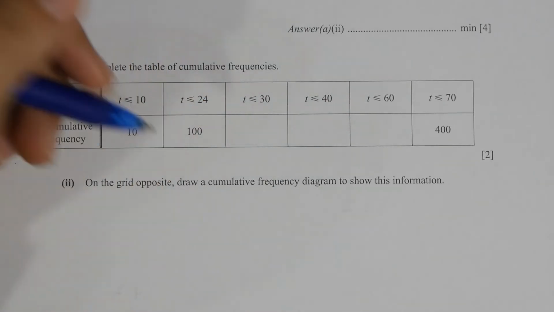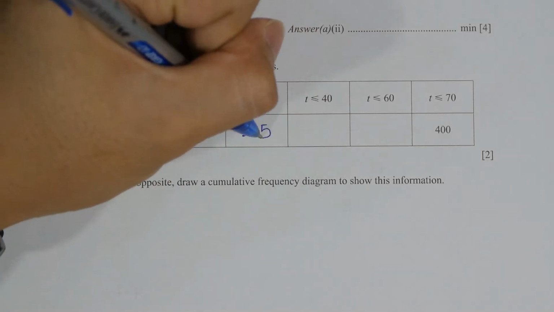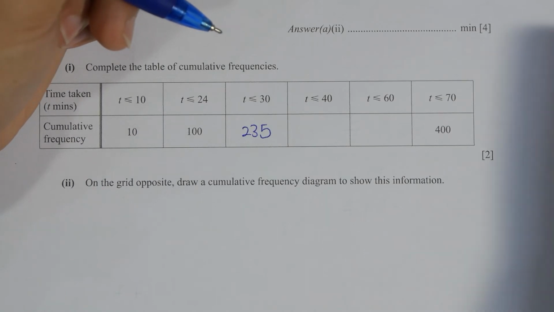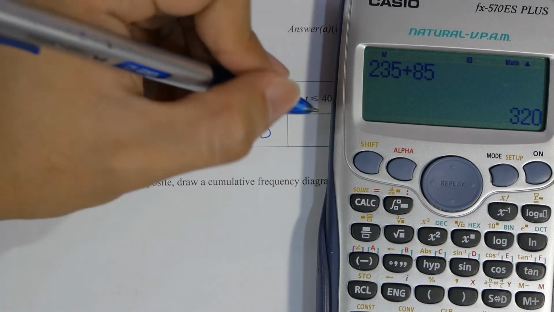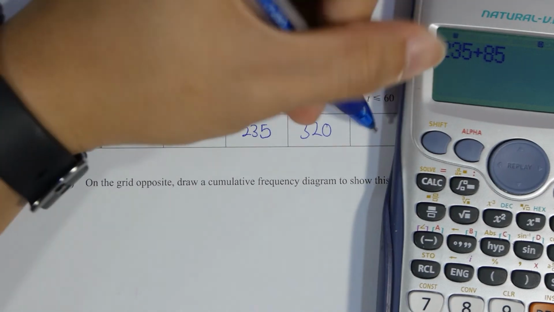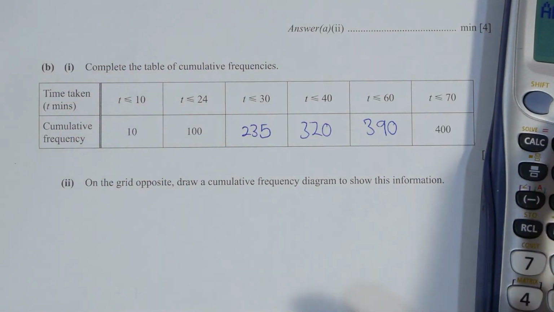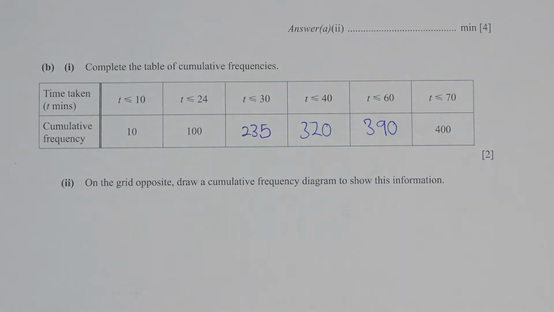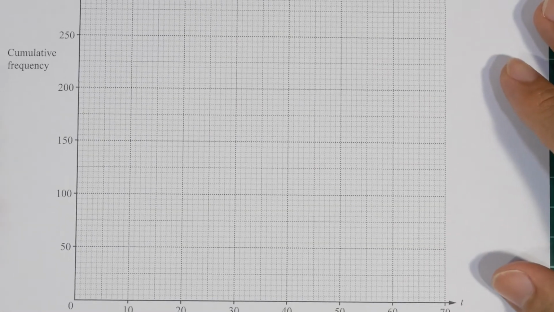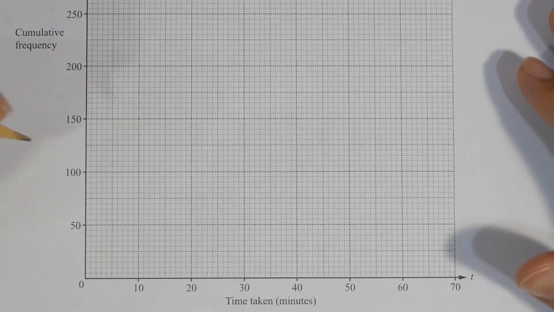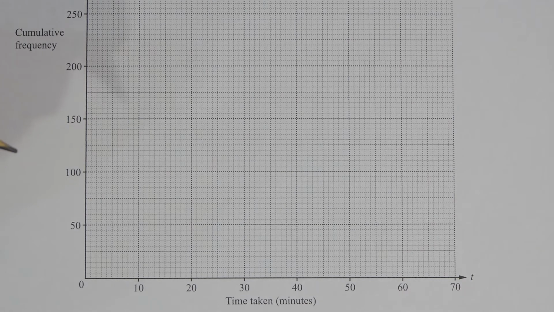So part B, pretty straightforward, cumulative frequency. So the values will actually be 235, 320 and 390 respectively. With those values, we can now construct the cumulative frequency graph.